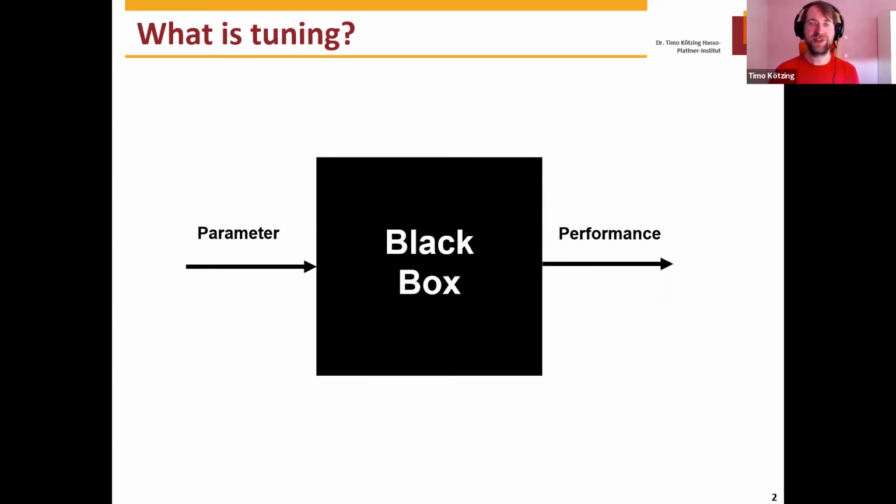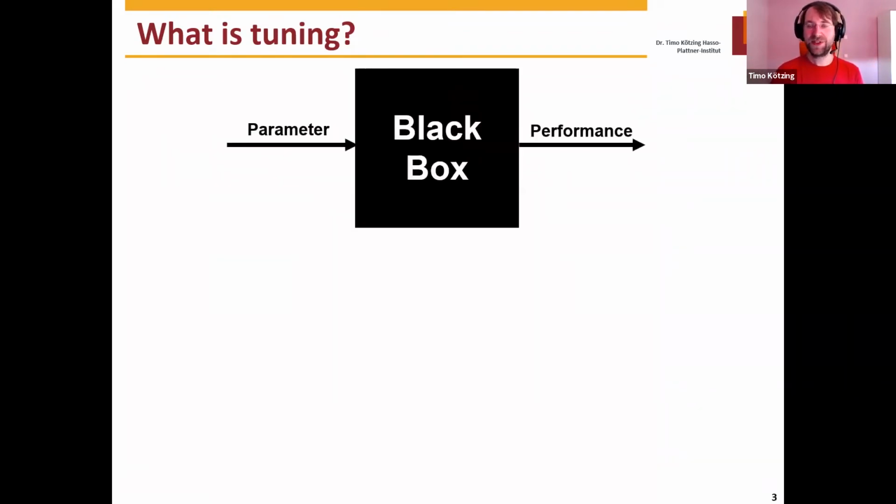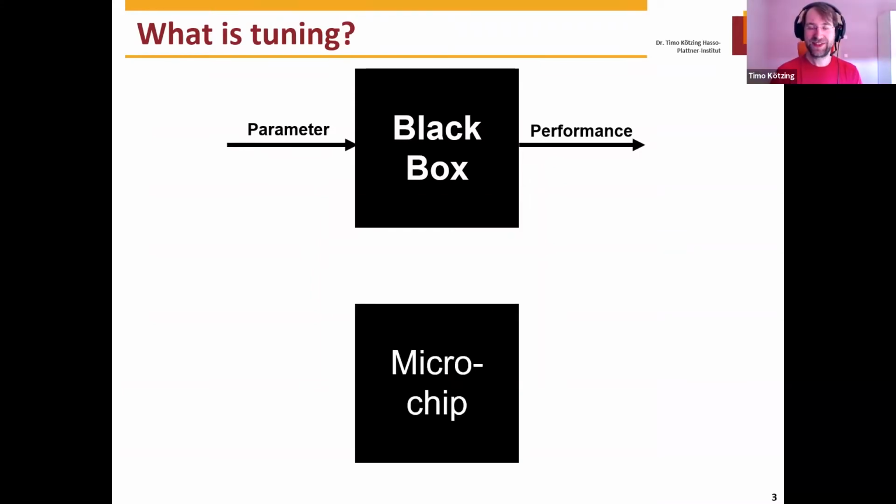And since this is now pretty abstract, let me first go one step back and make it one step more concrete again. As one example, if I have some kind of microchip, say, then this microchip might have certain voltages as parameters under which it needs to work.